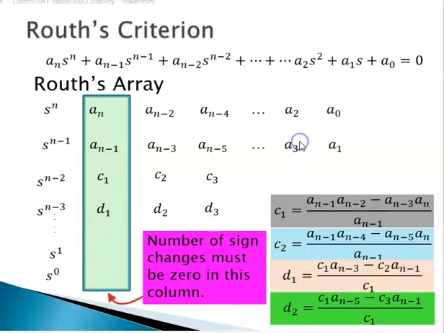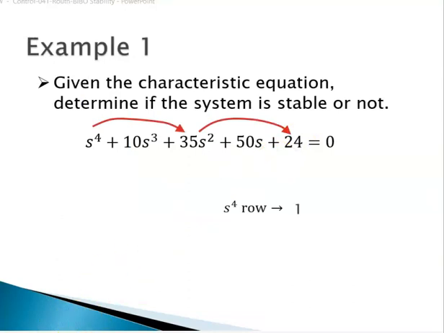We'll look at a couple of examples of applying this Routh's criterion. Okay, it's a fourth order polynomial. So you have one row corresponding to s power 4, one for s cube, one for s square, one for s, and one for the constant term, that is s power 0.